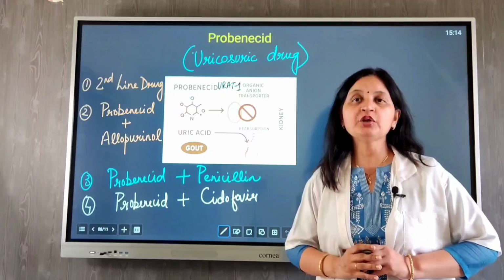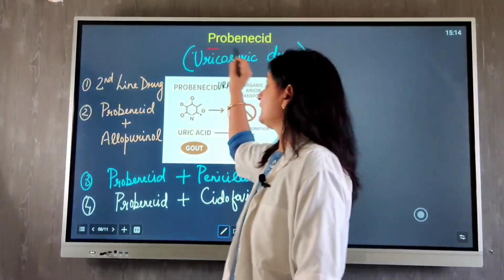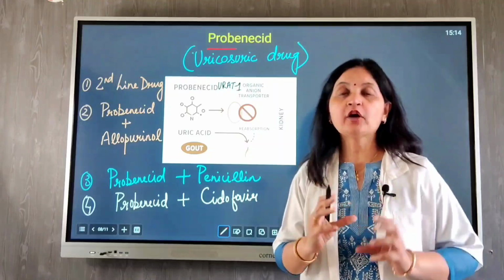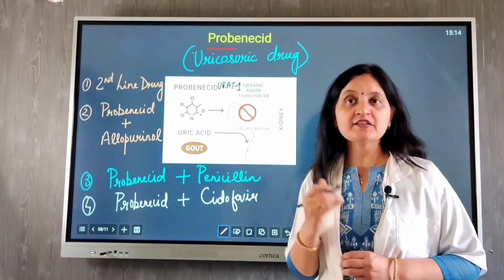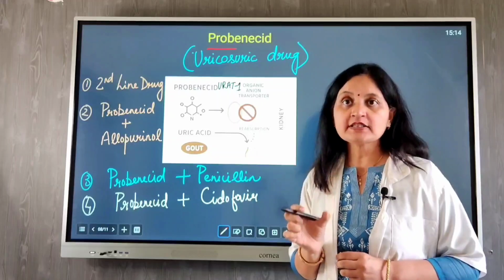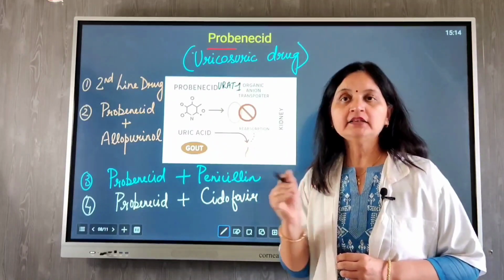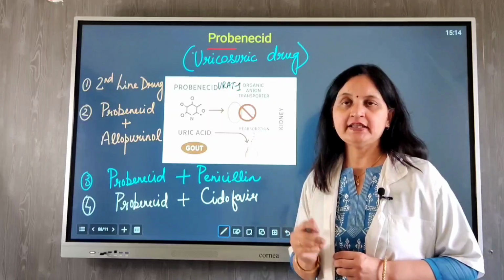Next we move on to uricosuric drugs, and the drug is probenecid. Probenecid acts by blocking the organic ion transporters that are expressed at various sites including the kidney. So it blocks the active transport of organic acids by the transporters expressed in the kidney.